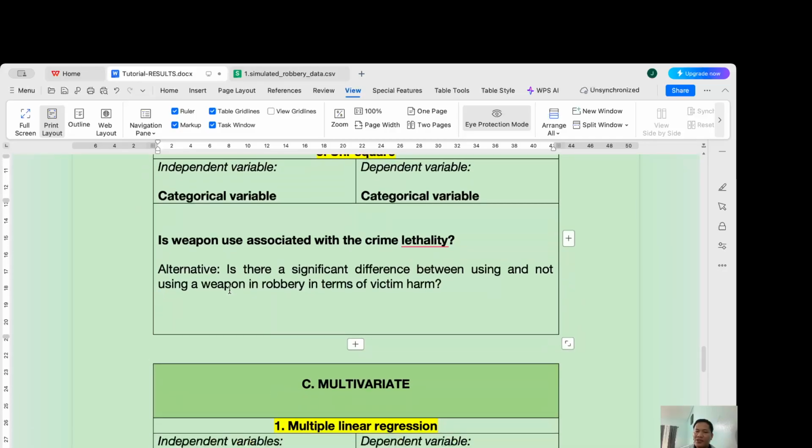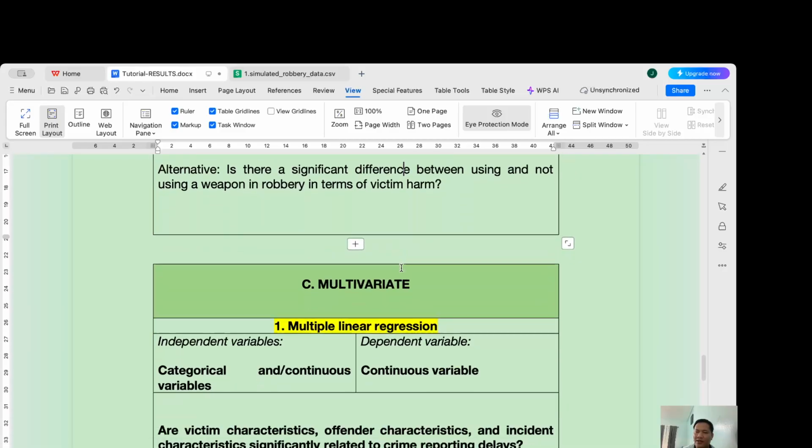The alternative research question for this one is: is there a significant difference between using and not using a weapon in robbery in terms of victim harm? So we are trying to compare the two groups. One group that used a weapon, the other group that did not use a weapon, and whether they are different in terms of whether the victim was harmed or not harmed as a result of the robbery.